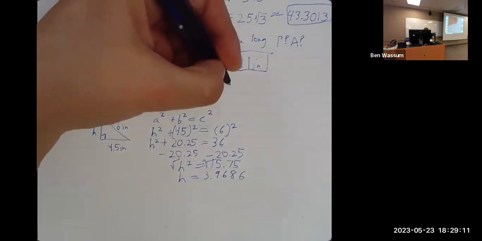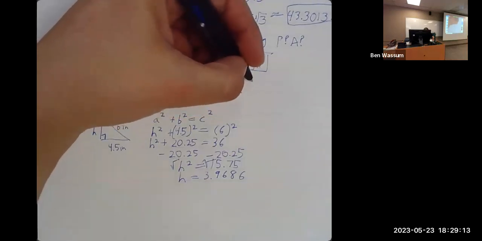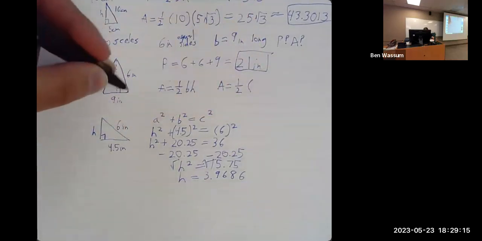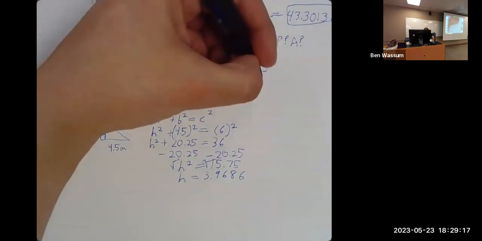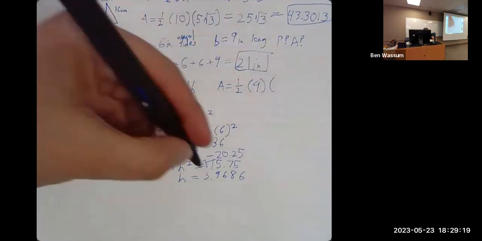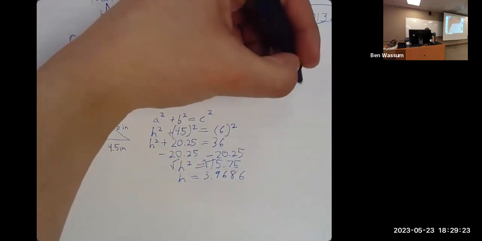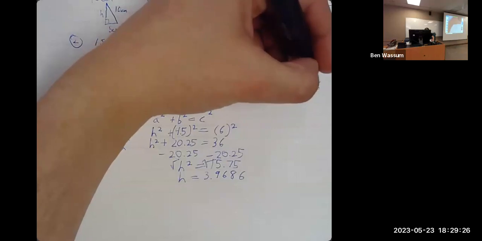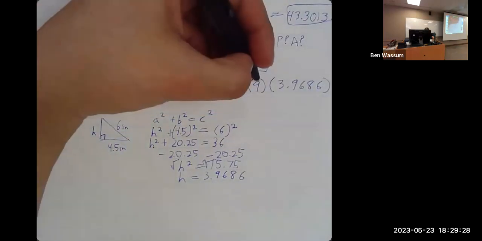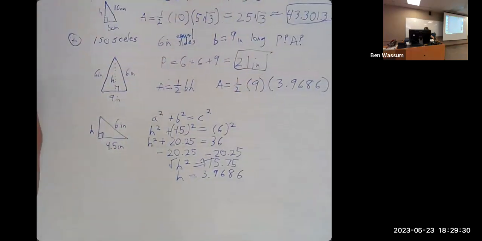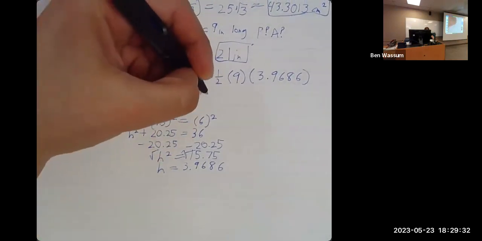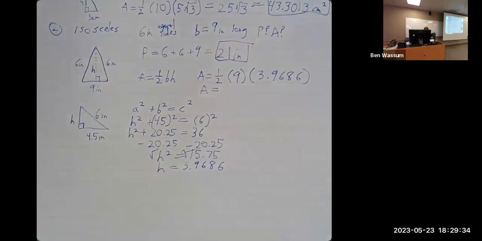So our area is 1/2 of the base. Now the base of this whole thing was 9, times the height. Well, we just figured that out. That's that long string of decimals. That can be as ugly as it wants to be. I don't really care as long as it's a number, right? All right.